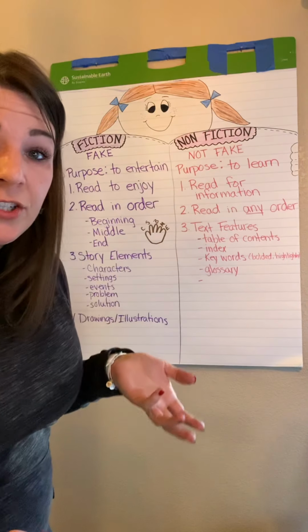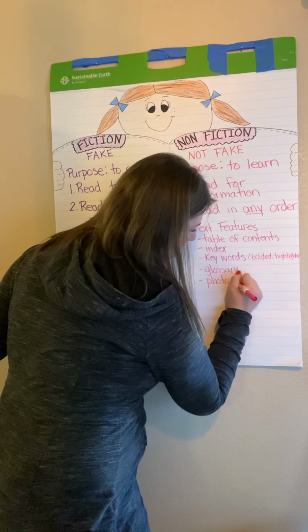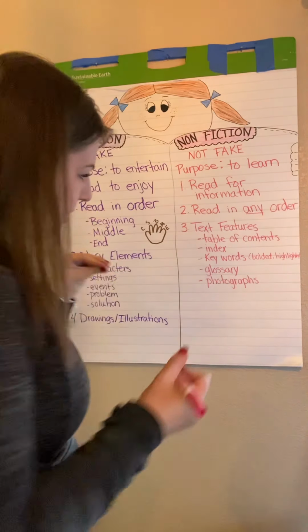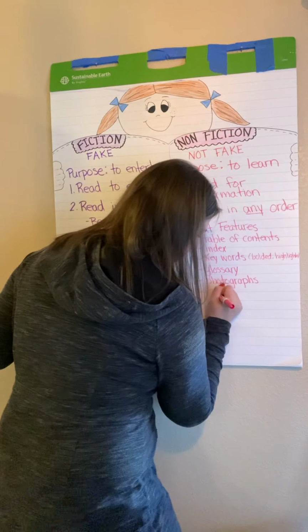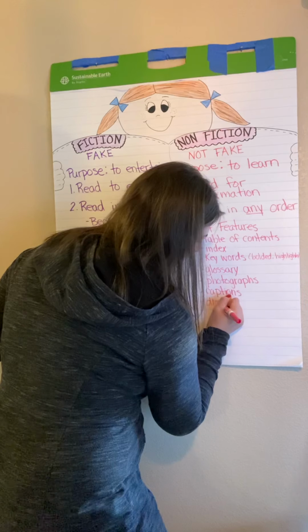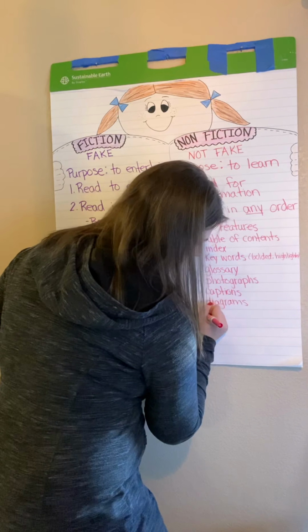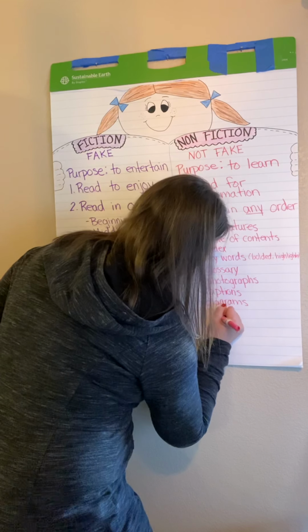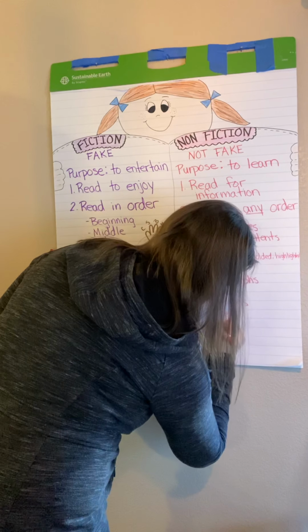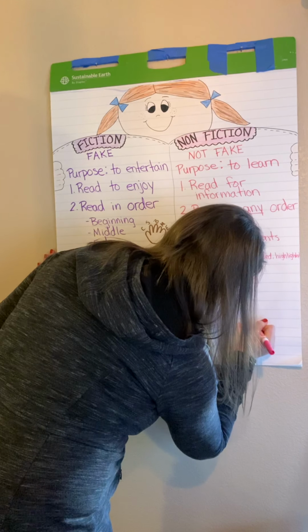Instead of drawings, there's usually photographs. There's captions, and I'm going to go through and show you guys all of these in a book. Sometimes there's diagrams. A lot of times there's labels. Sometimes there's maps, charts, or graphs.